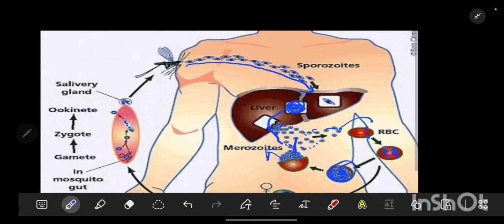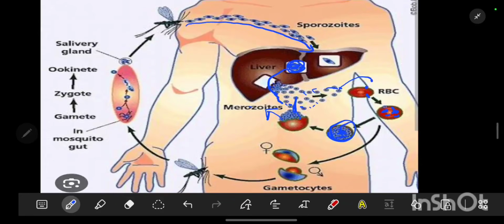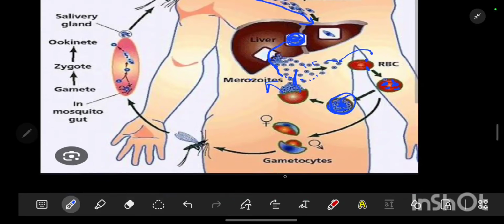But some of the merozoites will become what we are going to call the gametocytes. These gametocytes are now the ones that are ingested by the mosquito. Then in the mosquito, the life cycle goes as the male and the female gametes fuse to form what we are going to call the zygote.